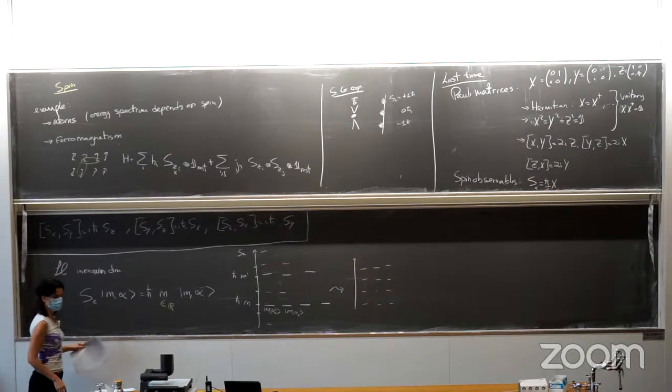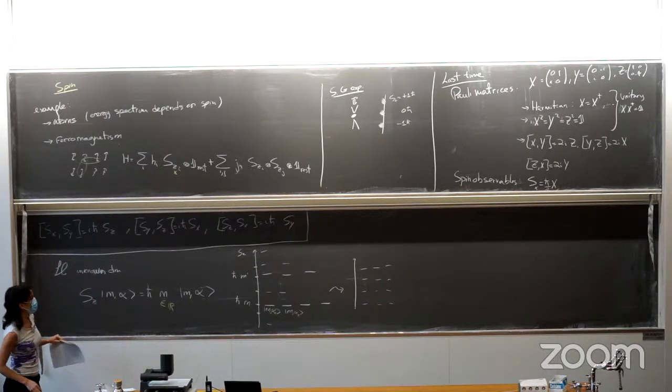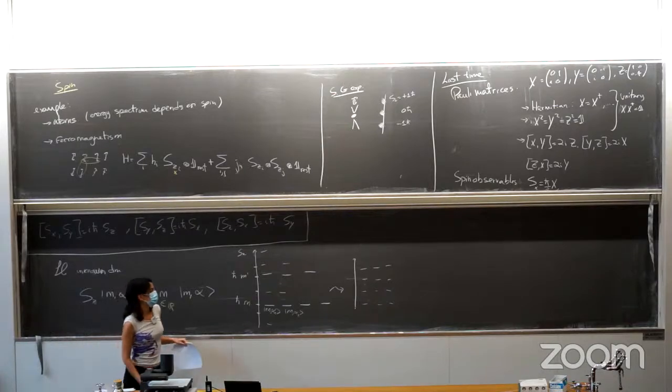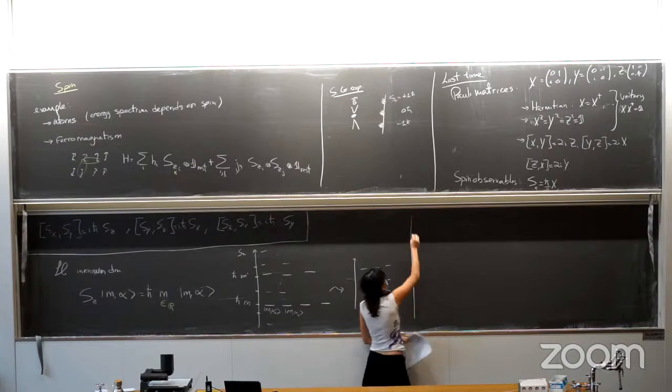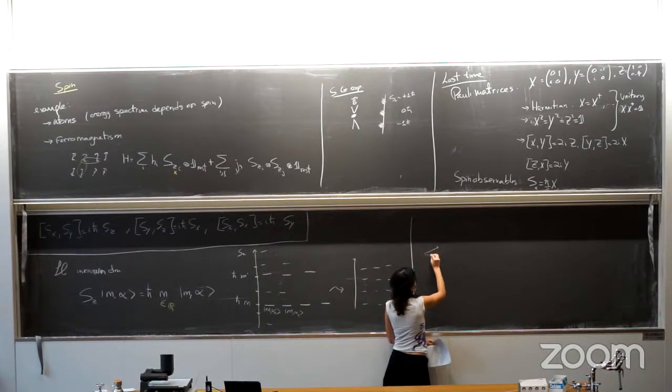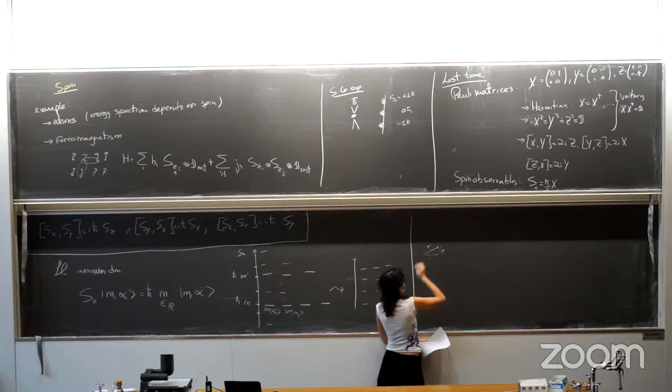So the first step is going to be to define some operators. And we do this kind of in analogy to the classical case. So imagine that classically you have some vector with some x component and some y component, right? And then we can have R, which is the modulus of the vector.